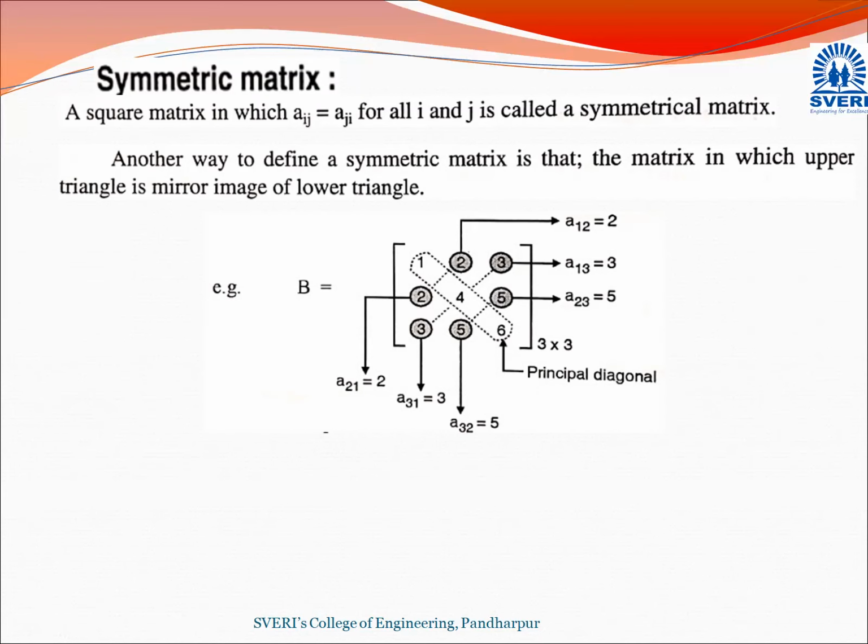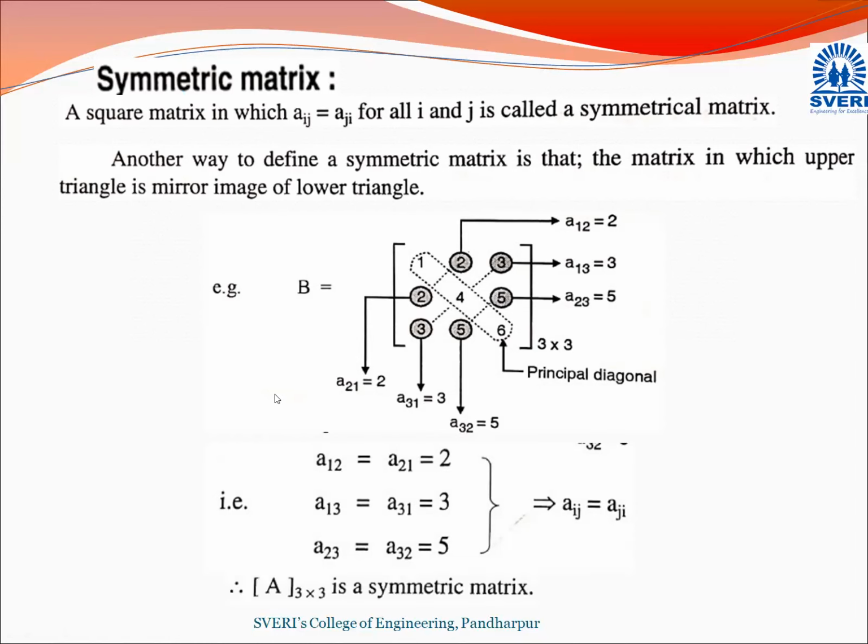Now the diagonal elements are 1, 4, 6. Below the diagonal and above the diagonal, all elements are the same. So this type of matrix is called a symmetric matrix. We can say Aij is equal to Aji, so it is a symmetric matrix.